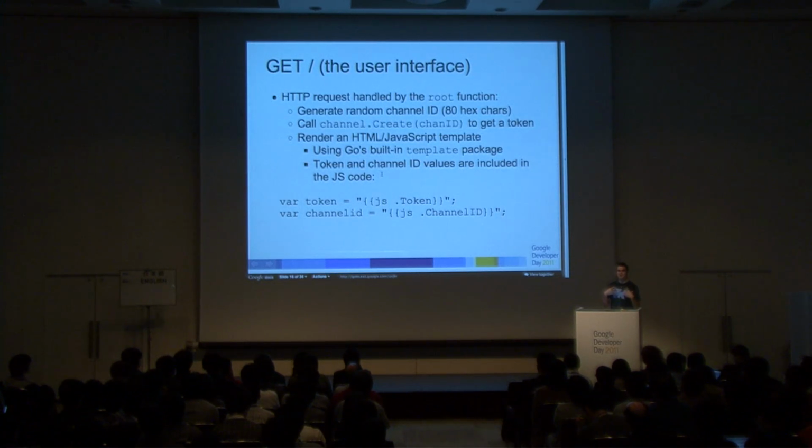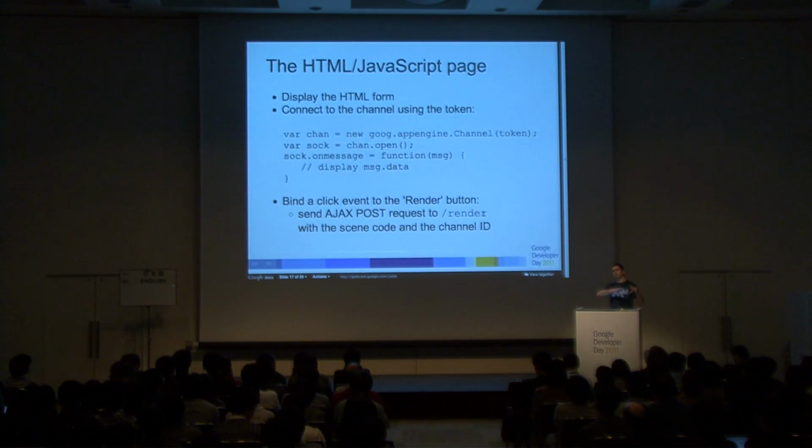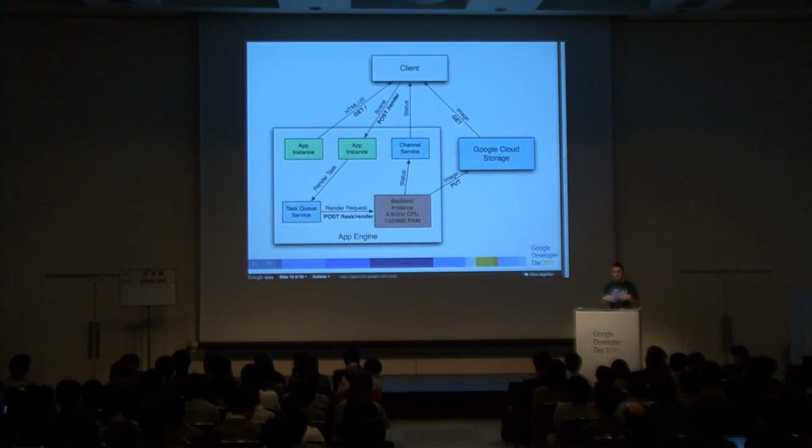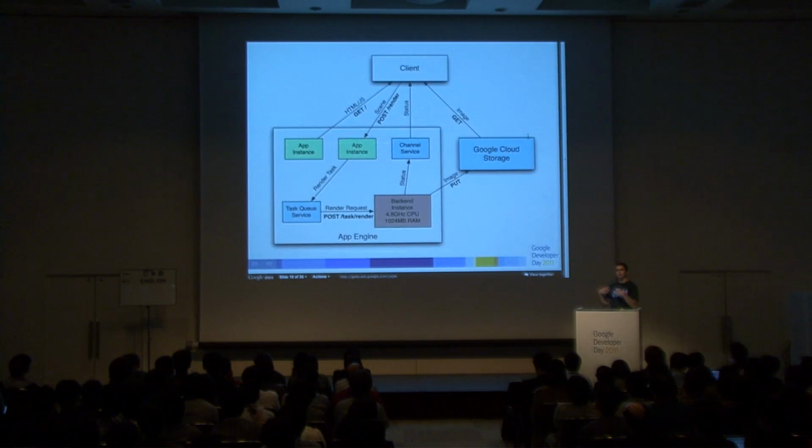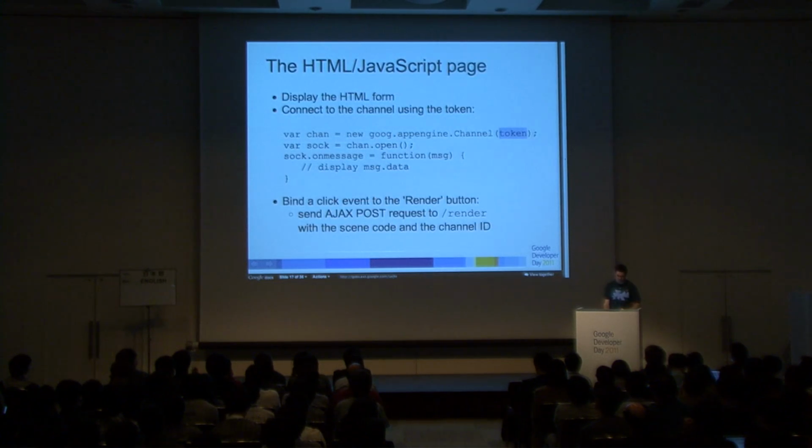And then it outputs an HTML and JavaScript page using Go's template package to include the channel token and the channel ID in the JavaScript itself, so that there is a bit of JavaScript that uses that token to create a new channel connection, and then it also binds a click event to the render button to make that AJAX call.